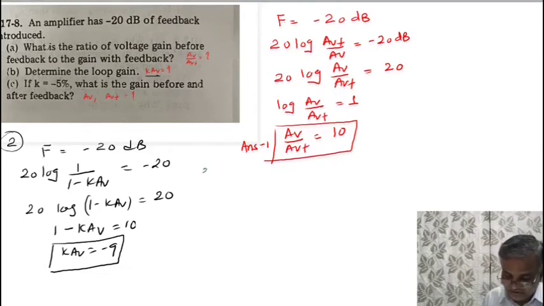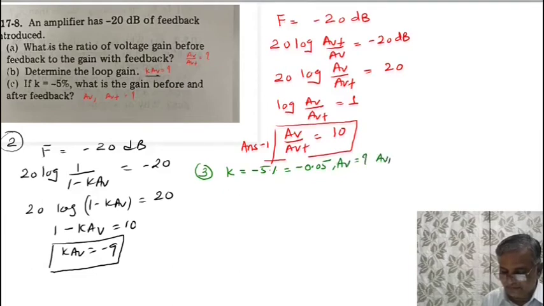In the third question they are asking, if K is minus 5%, it means it is minus 0.05. Find the value of AV and AVF. Very easy, you can find. KV is equal to minus 9. This is minus 0.05 into AV is equal to minus 9.